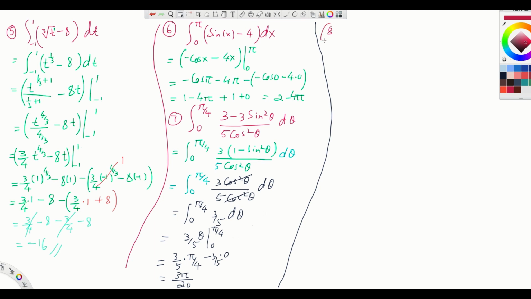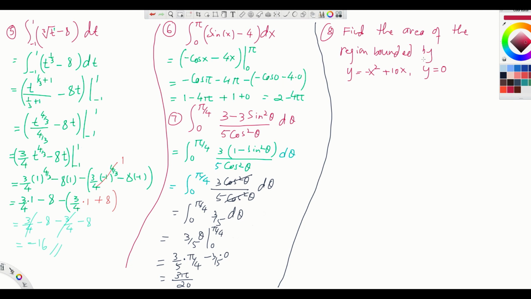Number 8: find the area of the region bounded by y equals negative x squared plus 10x, and y equals 0.